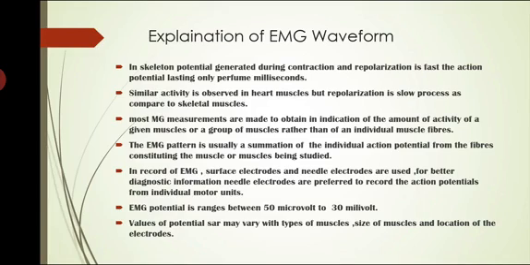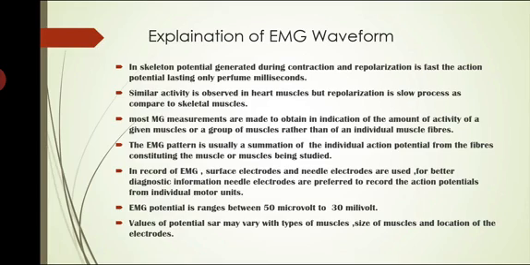The EMG pattern is usually a summation of the individual action potentials from the fibers constituting the muscle or muscles being studied. In recording EMG, surface electrodes and needle electrodes are used.